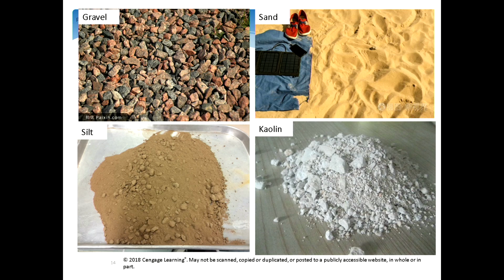So each kind of soil always has some of these; sometimes no gravel, but sand, silt, and clay, yes, they do have. Sometimes the percentage of the other fractions is very small and can even be neglected, so we call it silt.